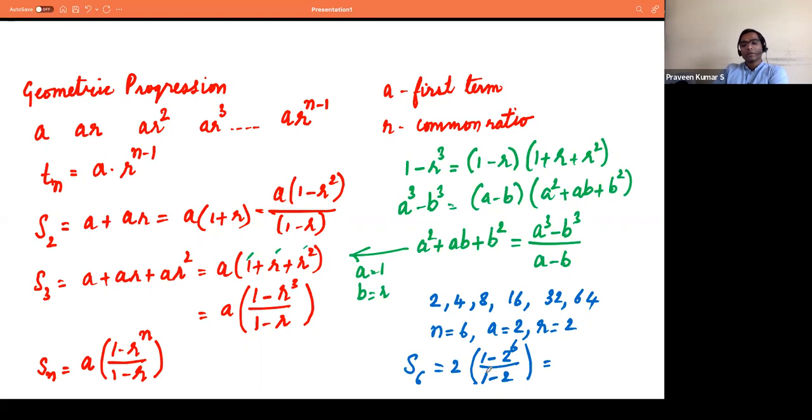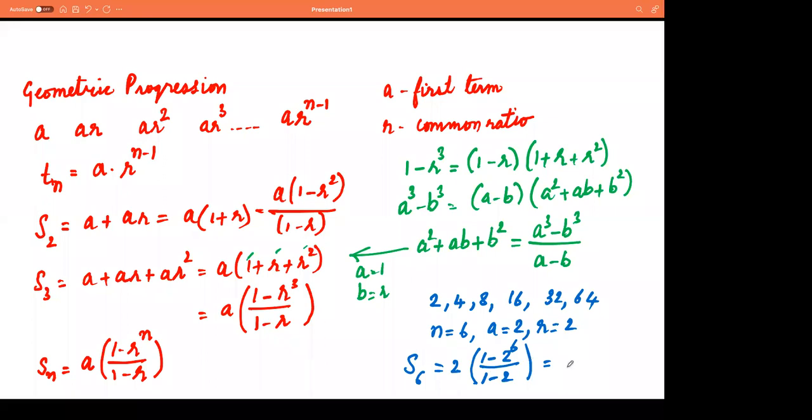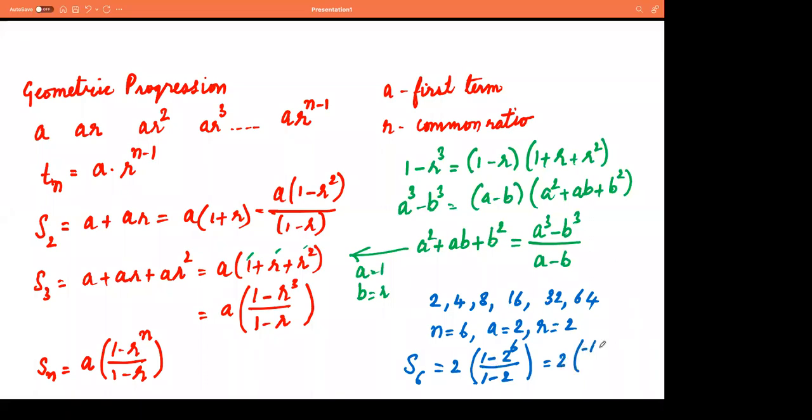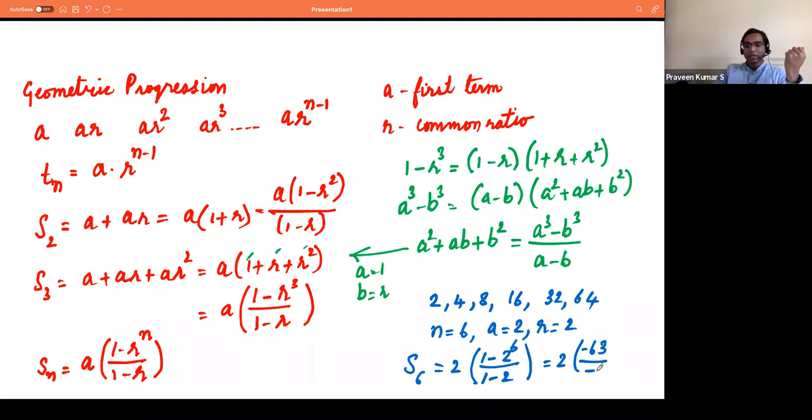Now if you observe, what is 2 to the power of 6? 2 to the power of 6 is 64. 1 minus 64 is minus 63. In the denominator, you have minus 1, so minus and minus will get cancelled. You will still get 126, which was the same answer that we had started out with.